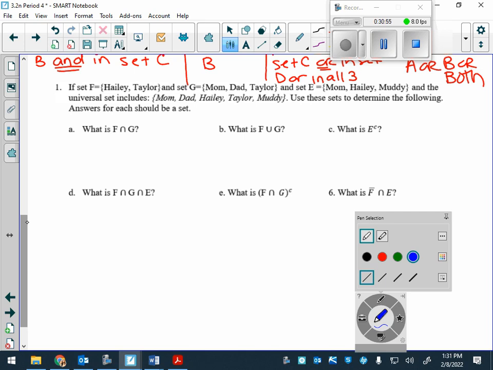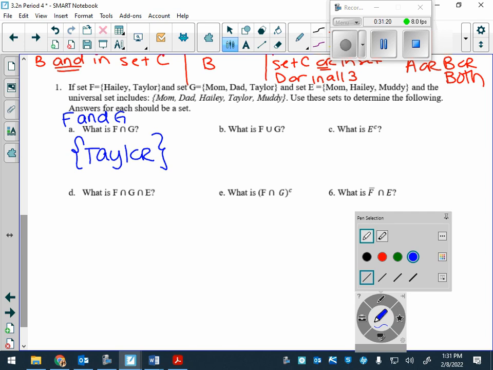Now, we want to know who or what is in F and G. So what name is in F and G? Taylor.